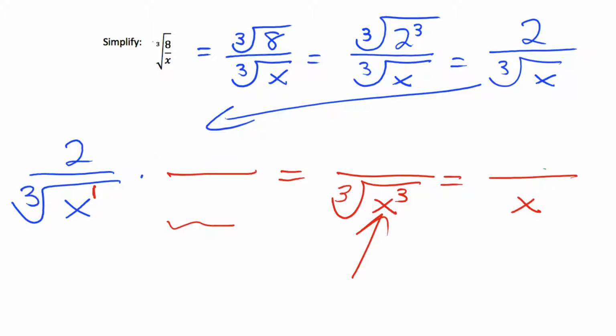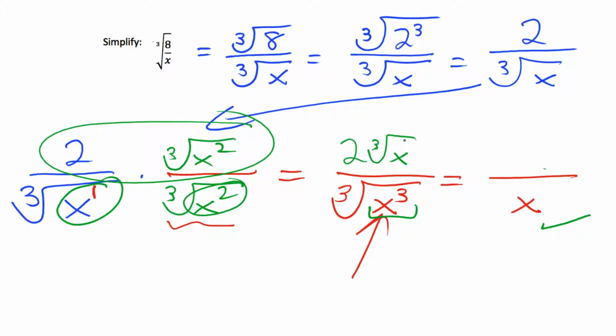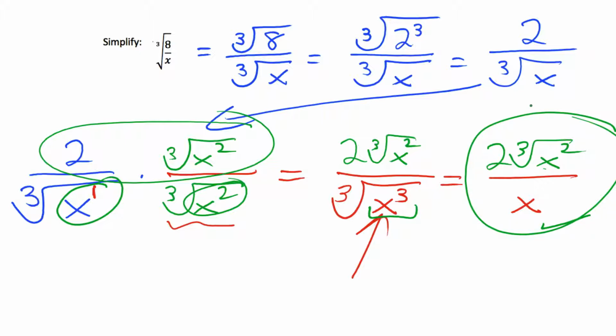I would need to multiply by the cube root of x squared, because multiplying I would add the exponents to get x cubed. And then the cube root of x cubed would be our x, radical free on the denominator, and then multiplying our numerators would give us 2 times the cube root of x squared. And there is my simplified form.